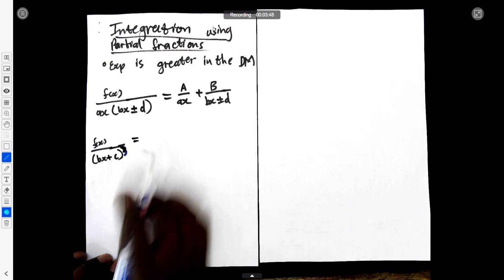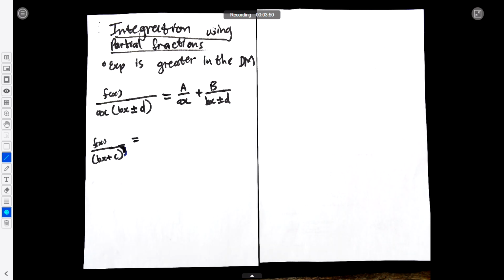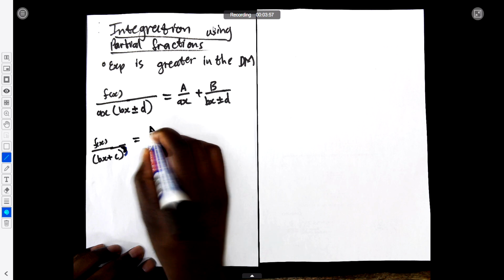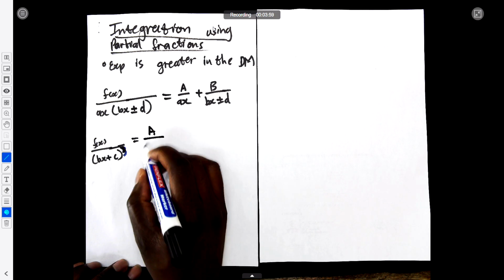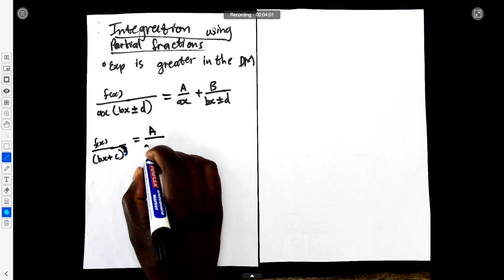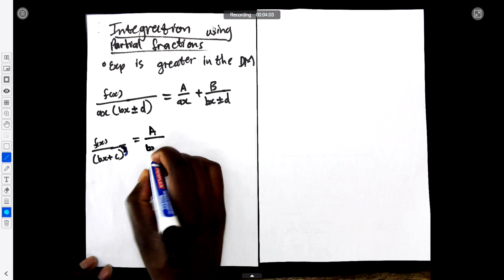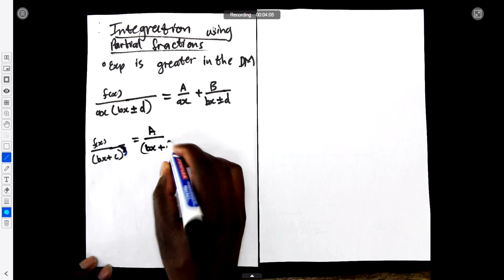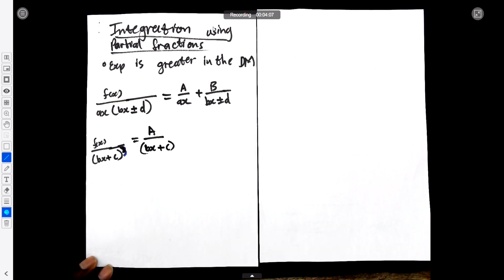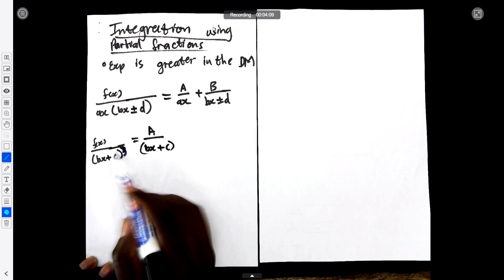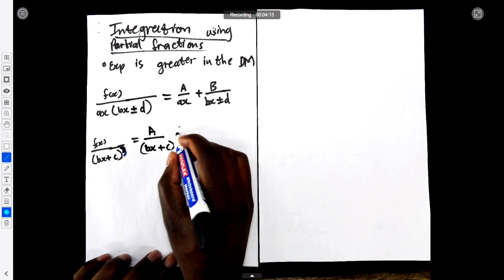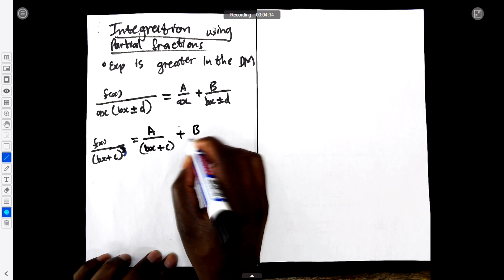So when we dissolve into partial fractions, we need to expand. The first fraction will be a divided by the first exponent, to the power of 1, so bx plus c. We start from the lowest exponent up until the highest power given.